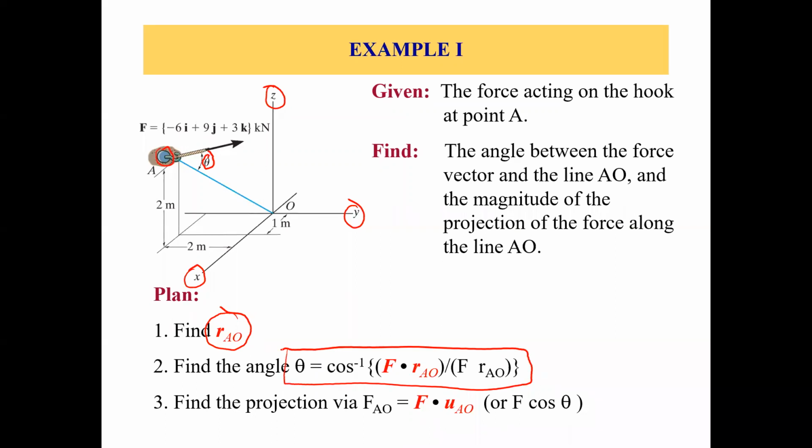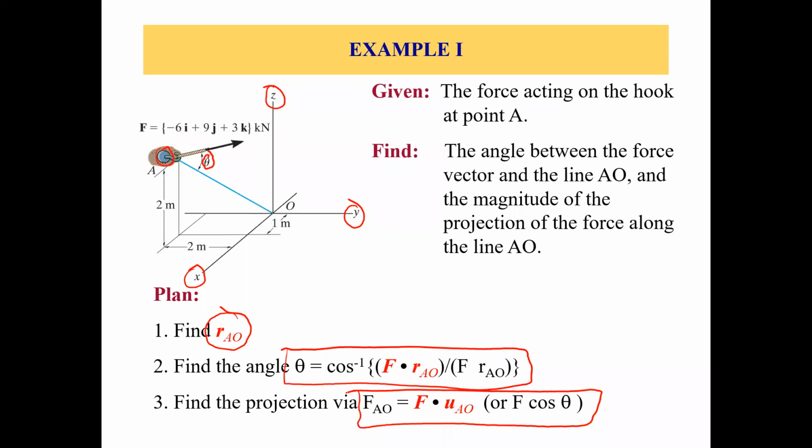Next step, we'll find the projection of this force F along line AO. We'll find F sub AO equals the force vector F dot product with UAO, unit vector AO, or we can just do F cosine theta.